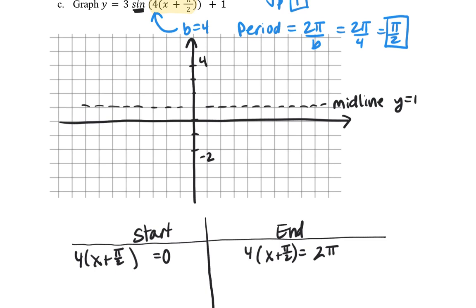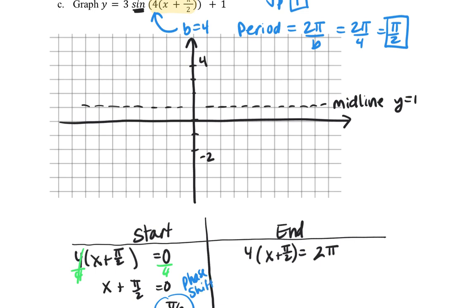Okay, so dividing both sides by 4, we would just get x plus pi over 2 equals 0. Subtracting pi over 2, we get x equals -pi over 2. Now if we want to be all fancy and call it phase shift, that is our new start, our phase shift.